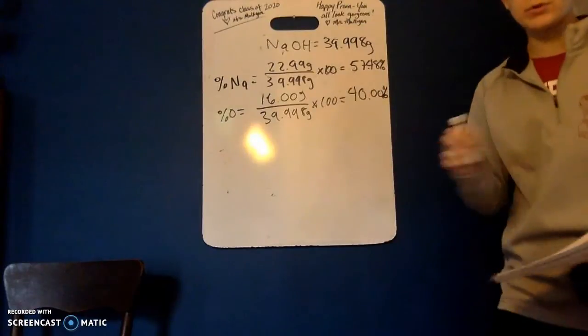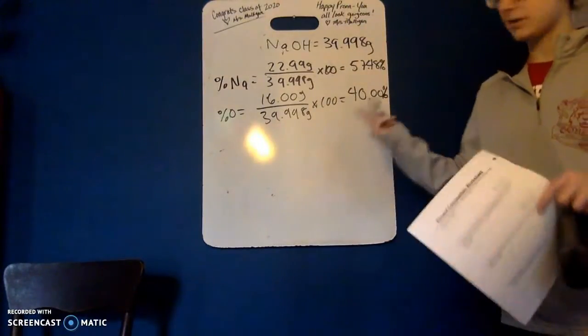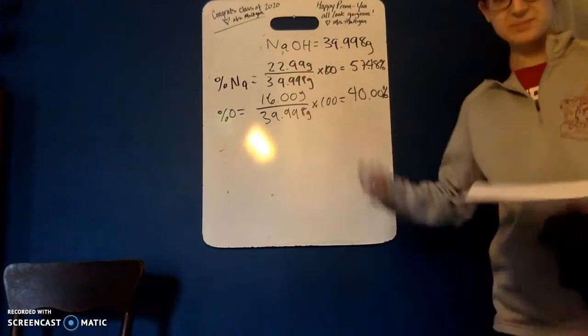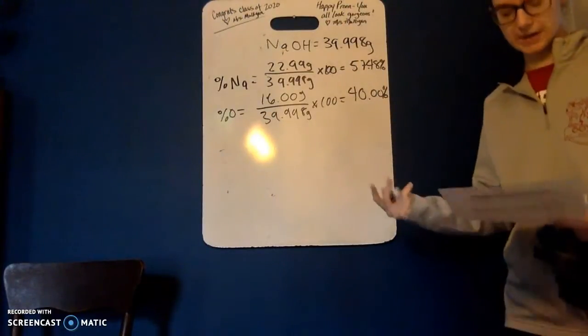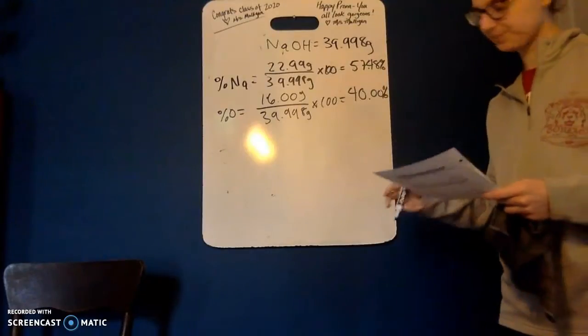You may have used 15.999, that is fine. I just have a periodic table that says it's 16, and that's the one that was handy and that I was using, so that's why I used 16, but you should have gotten at least close to 40%.